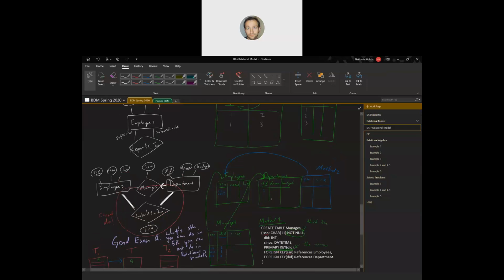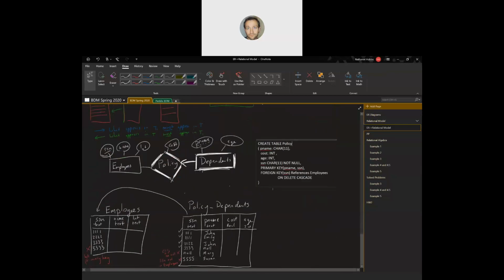Sometimes you have a choice, like in this example. But that is not the case with a weak entity. So here, I'm going to rename this the policy dependence table.